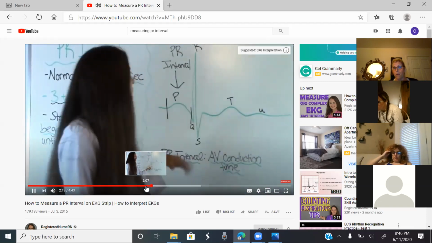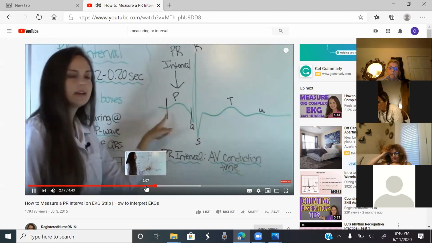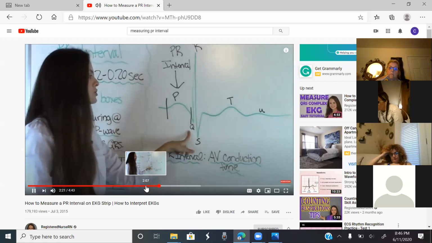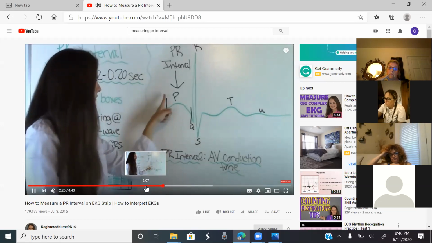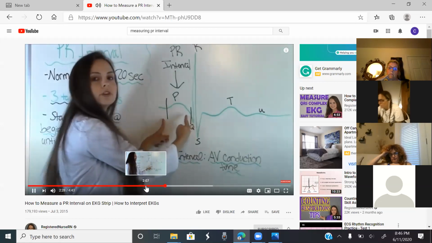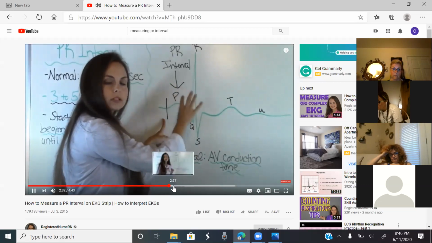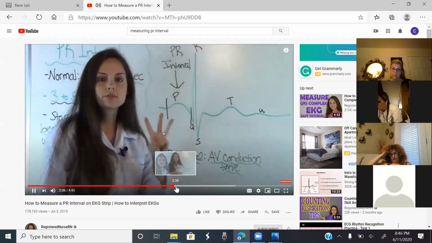When you measure the PR interval, you start at the beginning of the P wave, represented by this line here, and you stop at the beginning of where the QRS starts. So you'll be measuring from here to here. And when you're measuring, you're looking at your small blocks, the background blocks behind the EKG strip, making sure that it measures between 3 to 5.